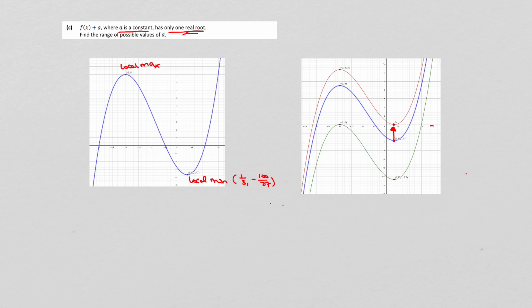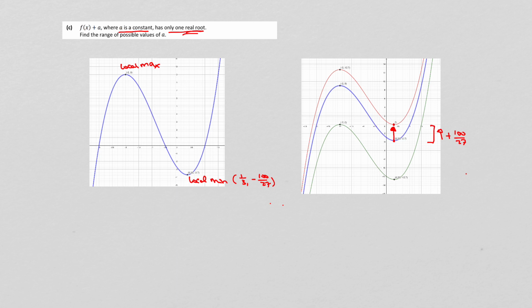So what's actually happened is that the graph has shifted in an upward direction by adding on 100 over 27. So in other words, we've added on a value a to our function such that our min is now sitting on the x-axis.